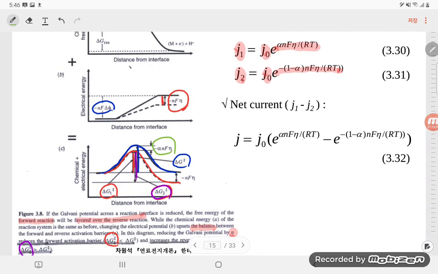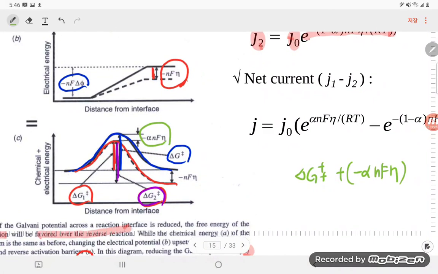If there is a delta G plus, and then minus alpha NF eta, minus for this one and plus this one.